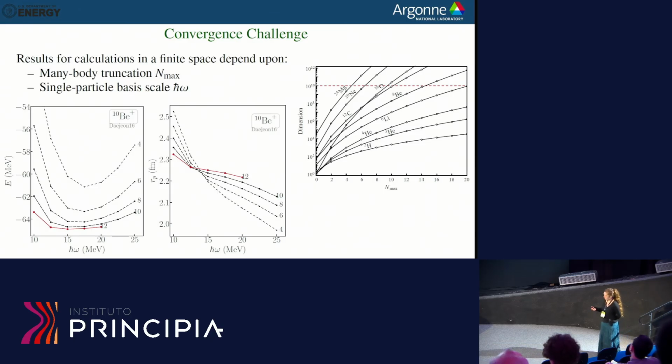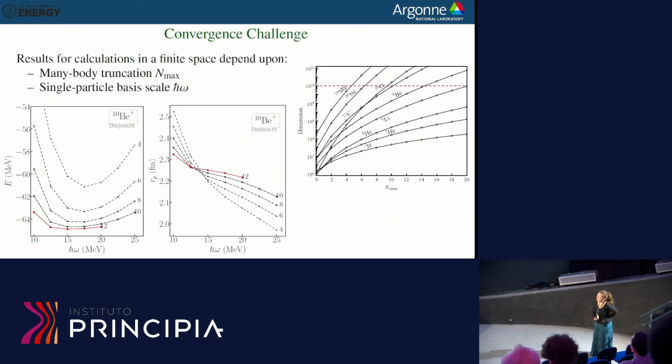These curves are different values of N max: 4, 6, 8, 10, and 12. As you go up in N max, the curves get closer and closer together. Once they start to fall on top of each other, this signals convergence. Here, as you go from 10 to 12, there's a very small change, so it's approaching convergence but not yet converged.